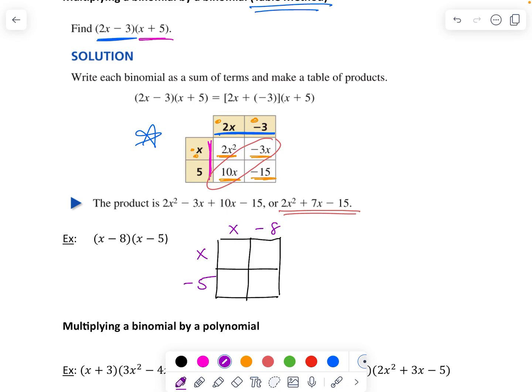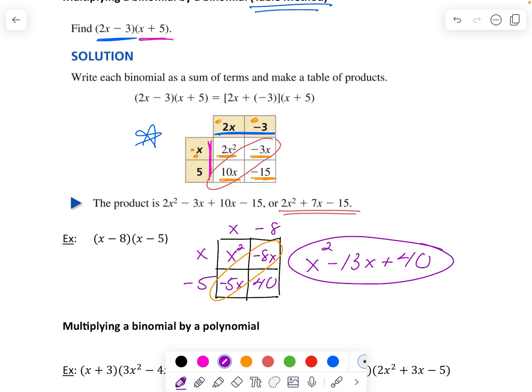So now when we multiply, x times x is x squared, x times negative 8 is negative 8x, negative 5 times x is negative 5x, negative 5 times negative 8 is 40. Combining these two together, I can just go ahead and write my final answer, which would be x squared minus 13x plus 40. There we go.